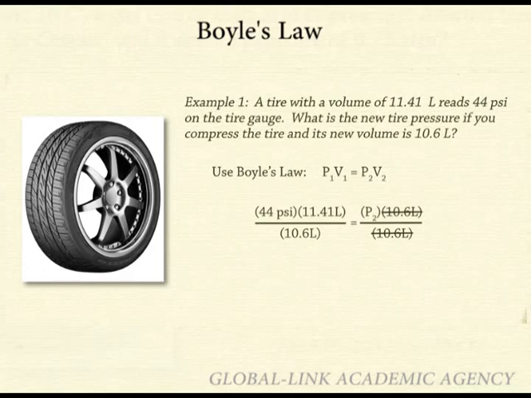So 44 psi times 11.41 liters over 10.6 liters is equal to P2. P2 is equal to 47.36 psi. Notice there are two significant figures in the measurement 44 psi. So we round off our answer to two significant figures, 47 psi.